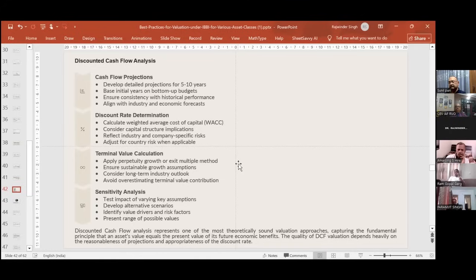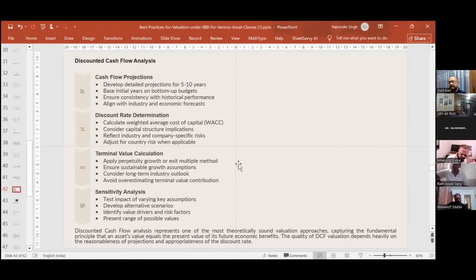For determining the discount rate, calculate the weighted average cost of capital, then consider capital structure implications, reflecting the industry and company specific risk, and then make certain adjustments for country risk wherever applicable.